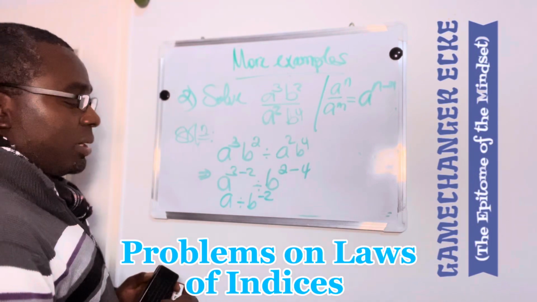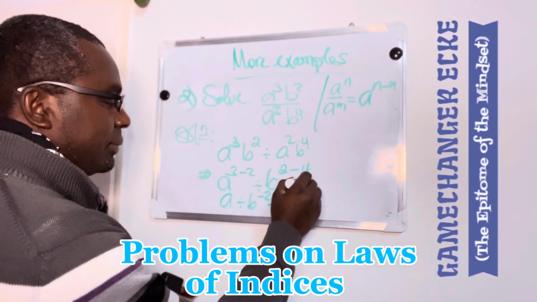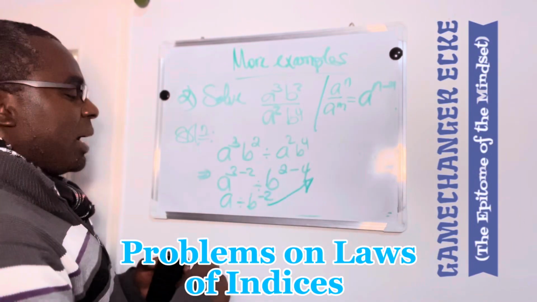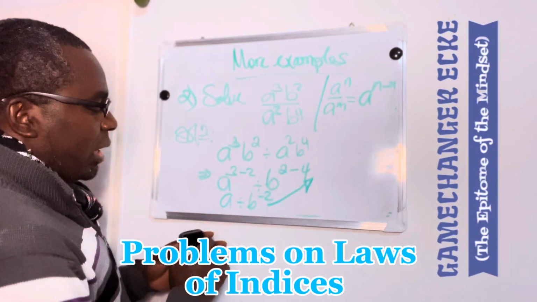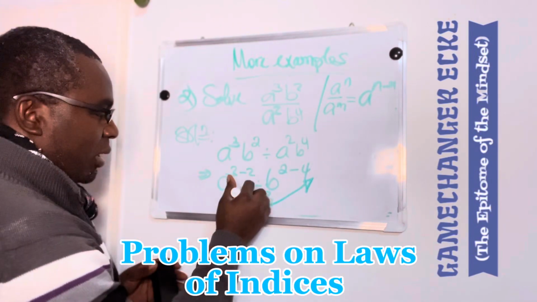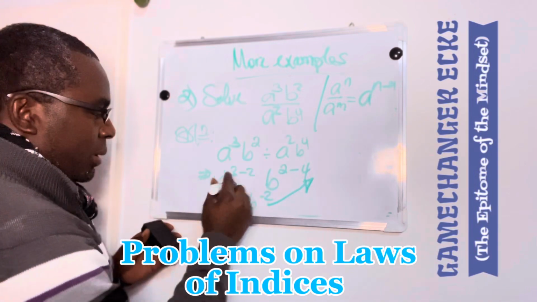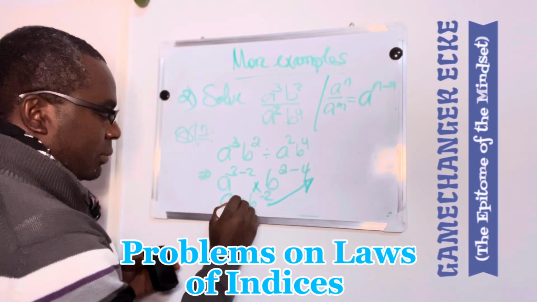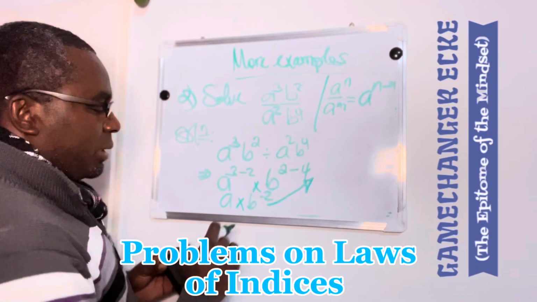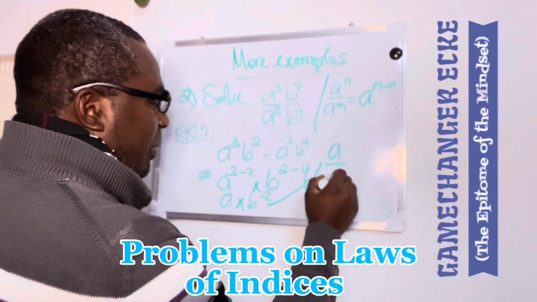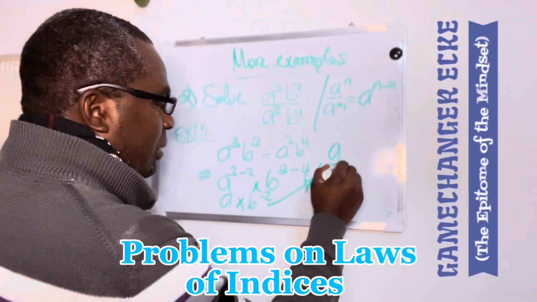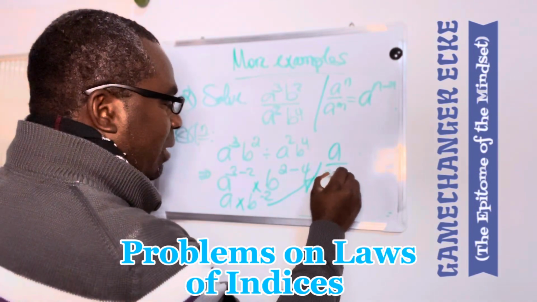So this one is going to give us this. And if we want to bring it back into the original order, this will now be the multiplication part of it, so it gives us a divided by b squared.